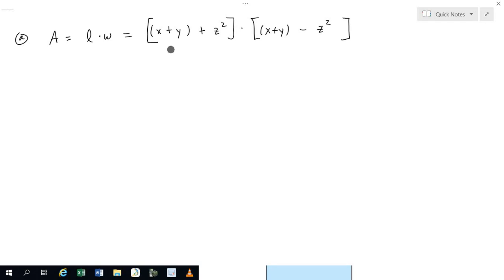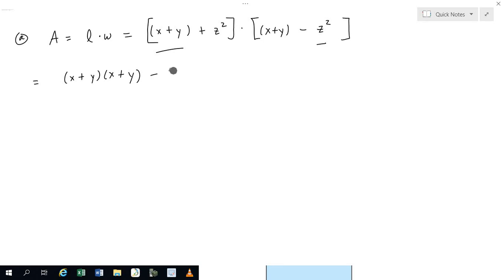I'm going to call this the first term. When I say first, outer, inner, last, the first is x plus y times x plus y. Now the outer would be x plus y times negative z squared. When you multiply those together you get a negative, because it's a positive times a negative.